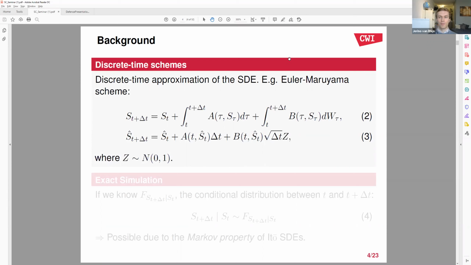For that, you could, for example, use a discrete time scheme. Your cookie cutter discrete time scheme would be the Euler scheme, which you all know.